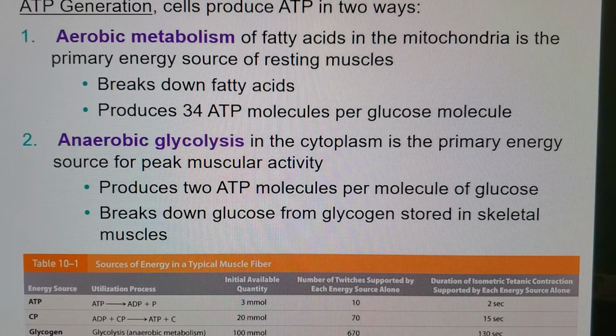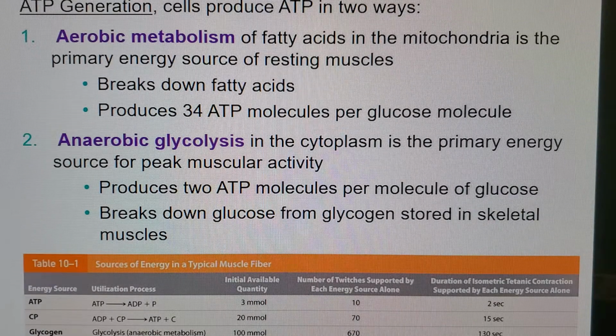Two types of metabolism, aerobic and anaerobic. Aerobic is when fatty acids in the mitochondria are the primary energy source of resting muscles. They break down fatty acids and produce, you want to remember, 34 ATP molecules per glucose molecule.